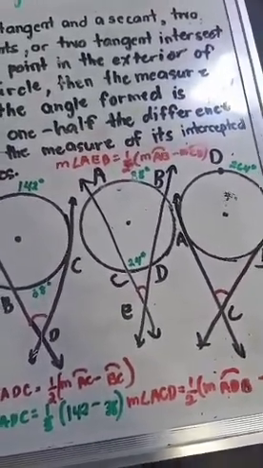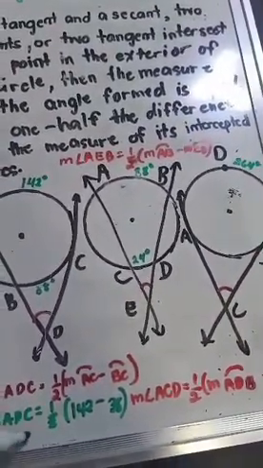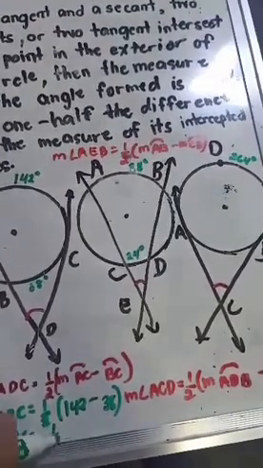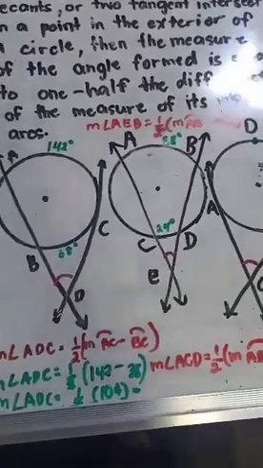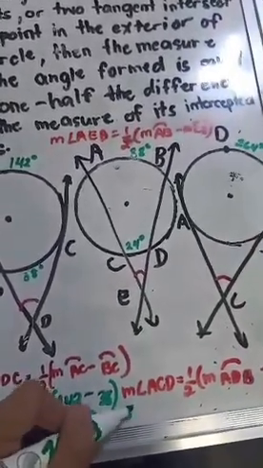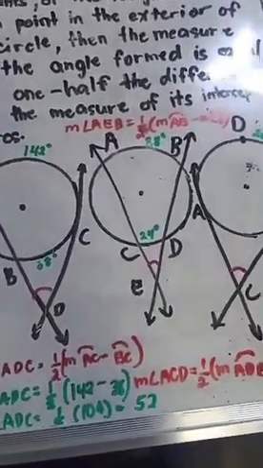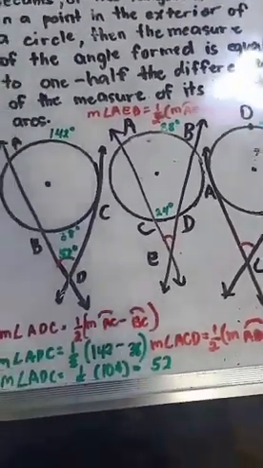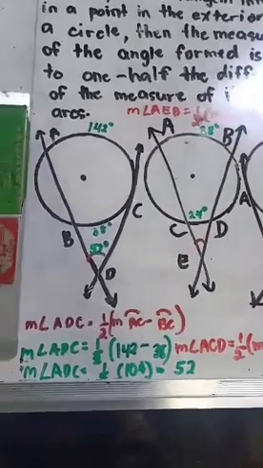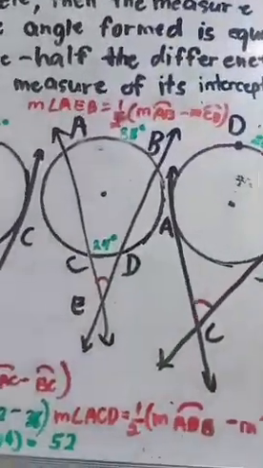So, the measure of angle ACD is half of 104. We divide 104 by 2, that is 52. Therefore, the measure of the angle formed is 52 degrees. Okay, so let's move to the next one.